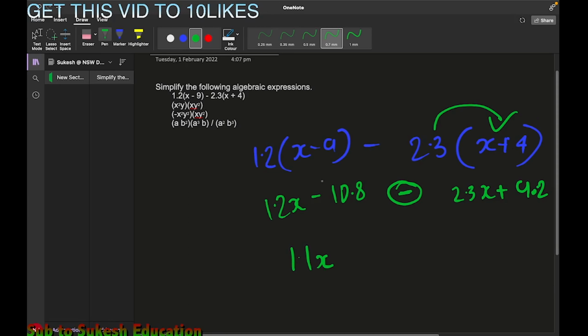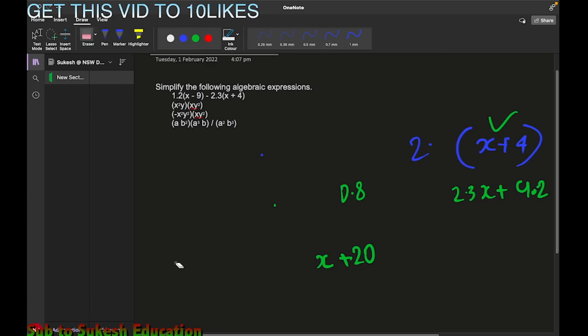And then for this one, 10.8 and then 9.2, when you add them together, it becomes a plus 20. So this is the answer for the first question. Right guys? So let's go erase this and start off with the second one.